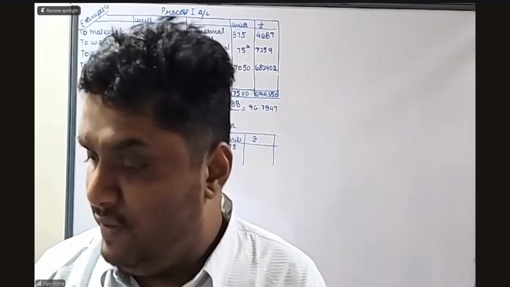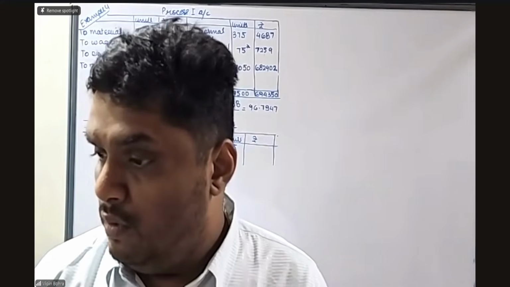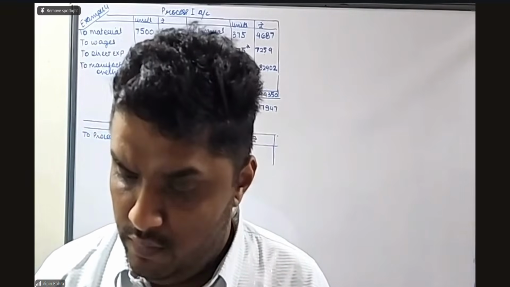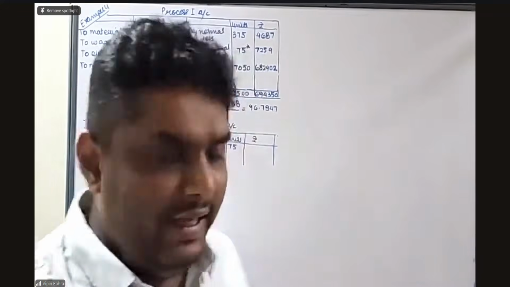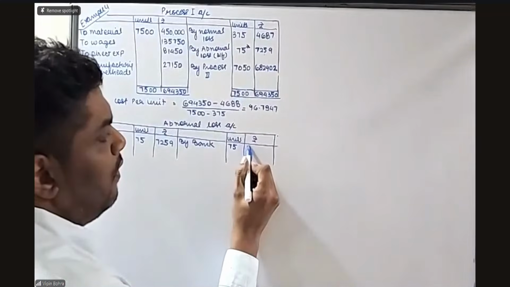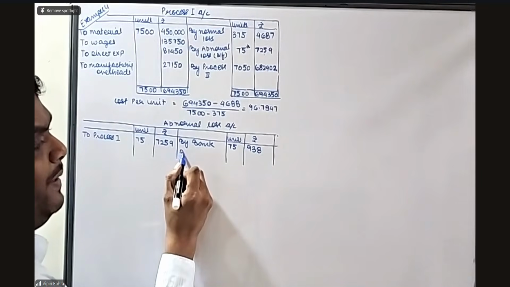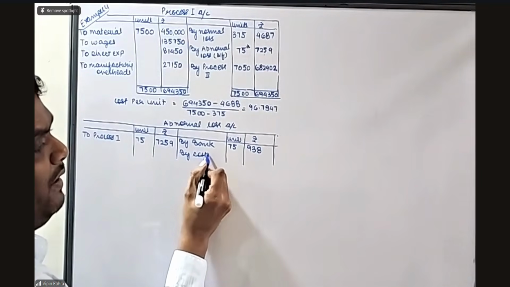So 75 into 12.5, so 938 rupees. The balance amount will be transferred to costing P&L.